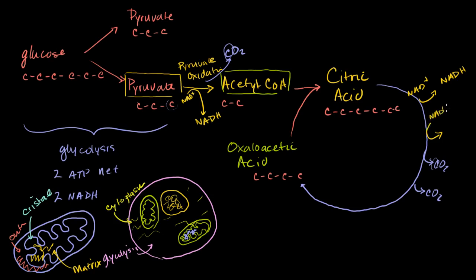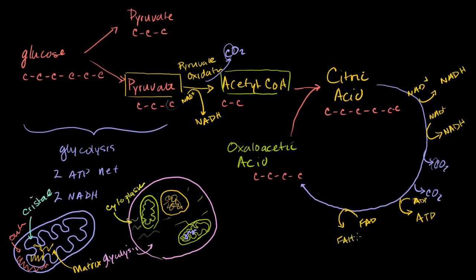Another NAD+ molecule will be reduced to NADH. Maybe we'll produce some ATP, or some ADP will turn to ATP. ADP turning into ATP. Maybe we have some, and not maybe, this is what happens. Some FAD gets oxidized into FADH2.